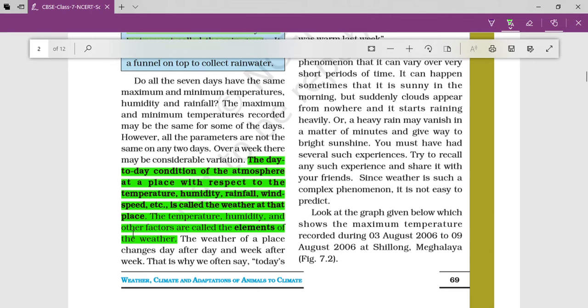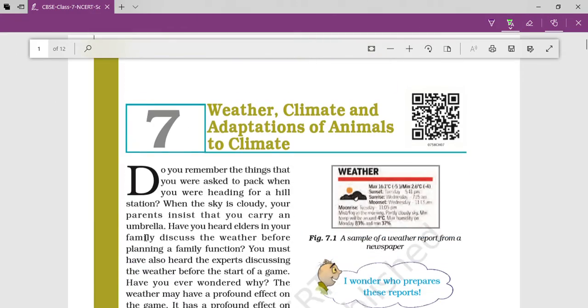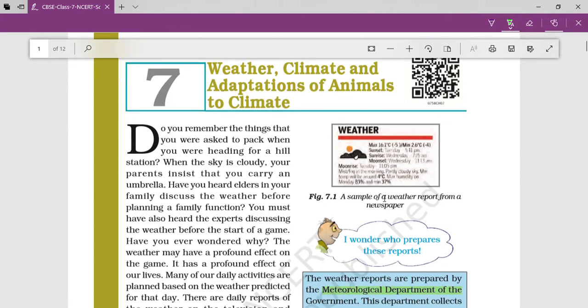Before discussing the elements of weather, here you are seeing a sample of a weather report from a newspaper in which the date is there, then maximum and minimum temperature is shown, then the time of sunset is there, the time of sunrise is there, then the humidity is there.